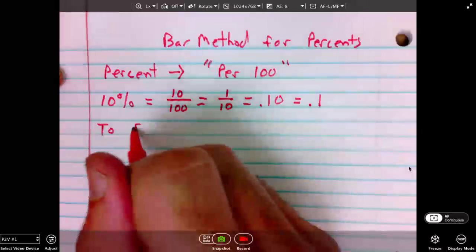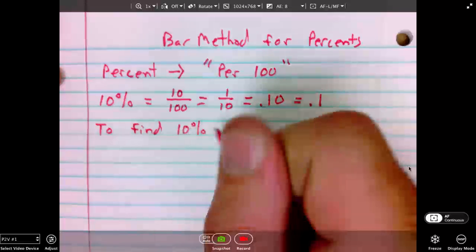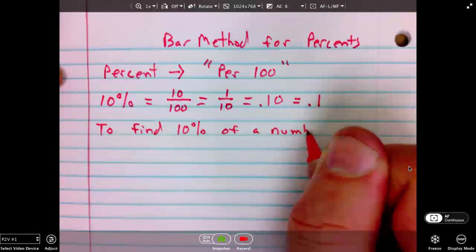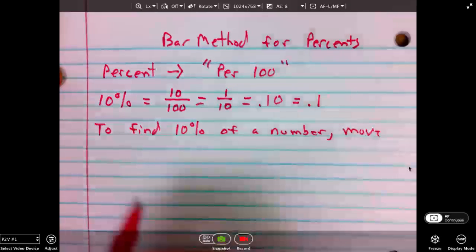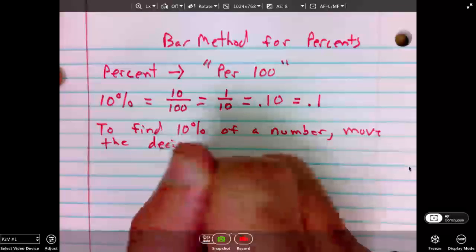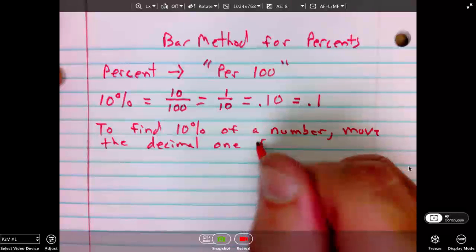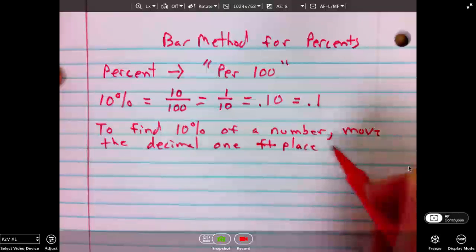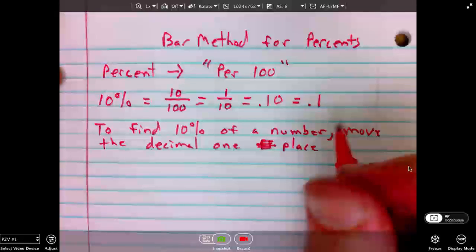To find 10% of a number, move the decimal one place to the left.